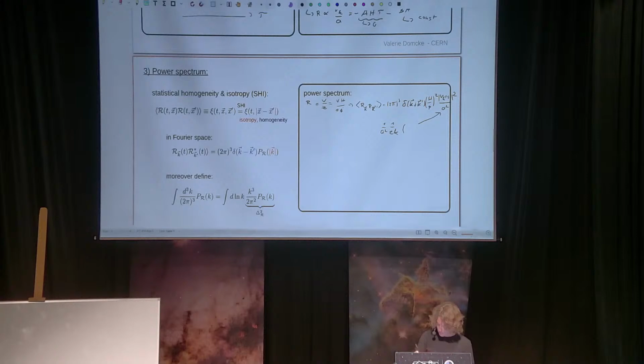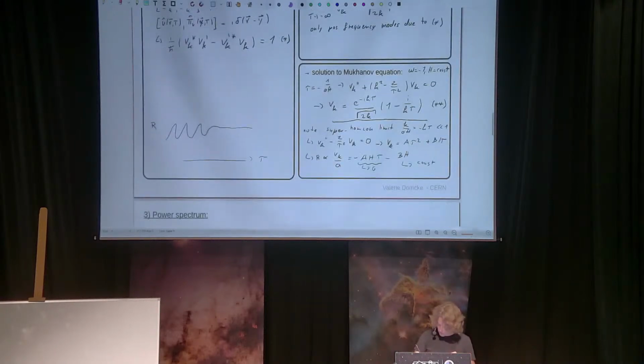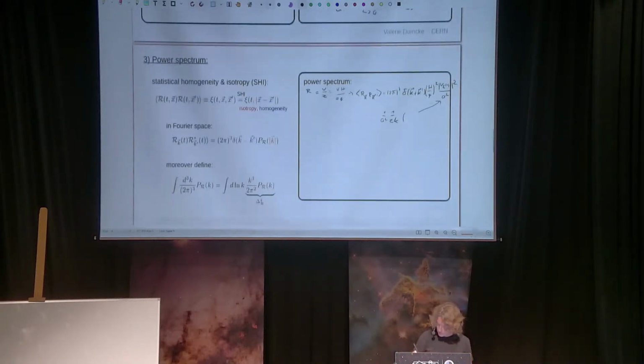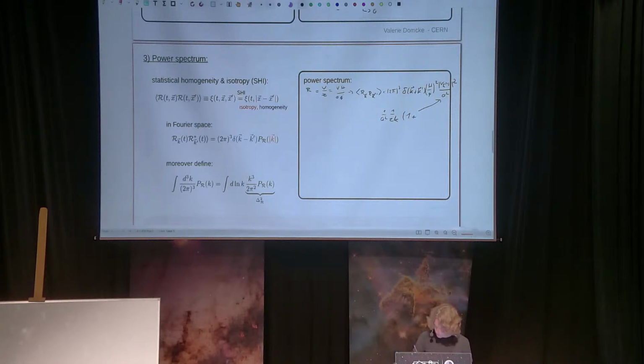And then we have the absolute value squared of this, which is just 1 plus 1 over k squared tau squared. Now I'm going to replace a with the usual 1 over H tau, and I'm going to take this k squared tau squared out front. So then I get H squared over 2k cubed. And then the second term here is just 1, and this first term here is k squared tau squared.